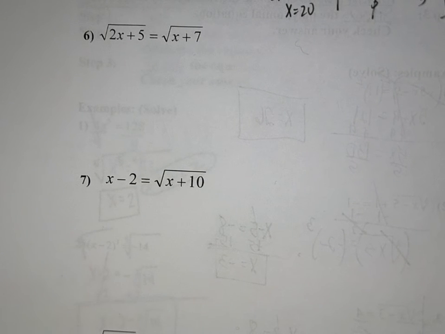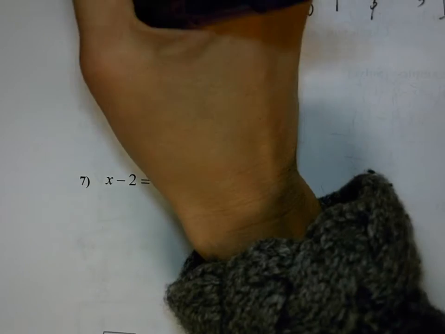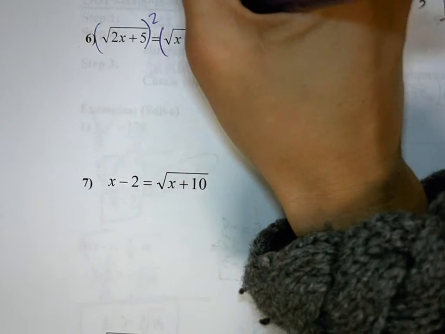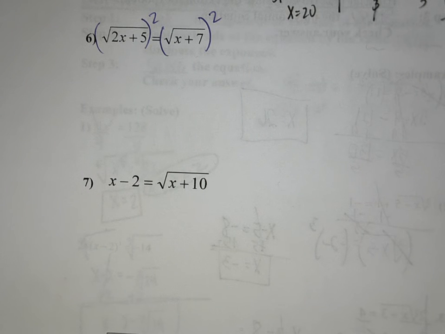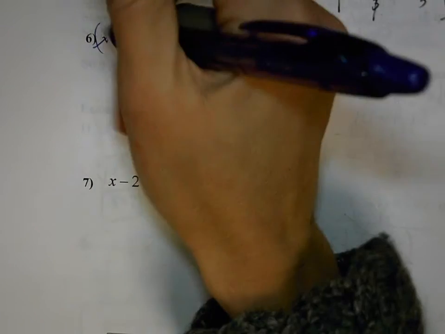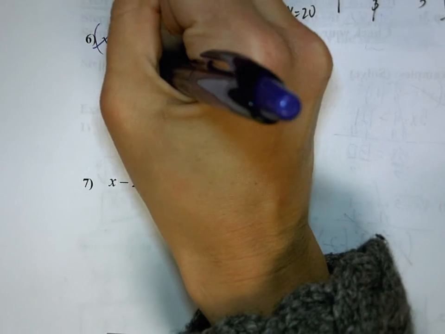Exactly. Good. You have 2 square roots. There's no way of putting those square roots together, so they're already by themselves. So if we square both sides, which is what Daisy said we should do, we're going to get rid of both of our square roots. Okay? So we are still doing the same thing to both sides. I get rid of the square root here, which leaves me with 2x plus 5.